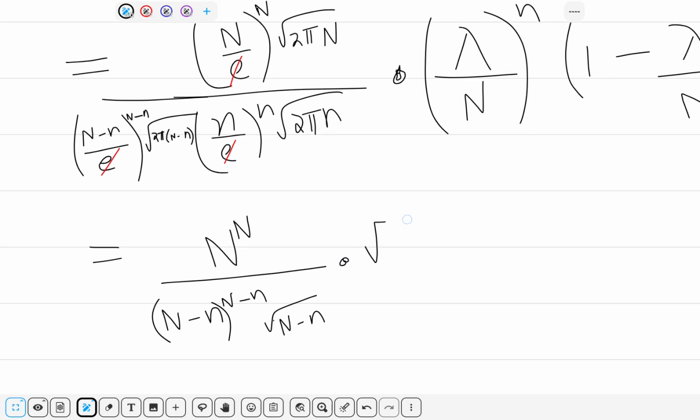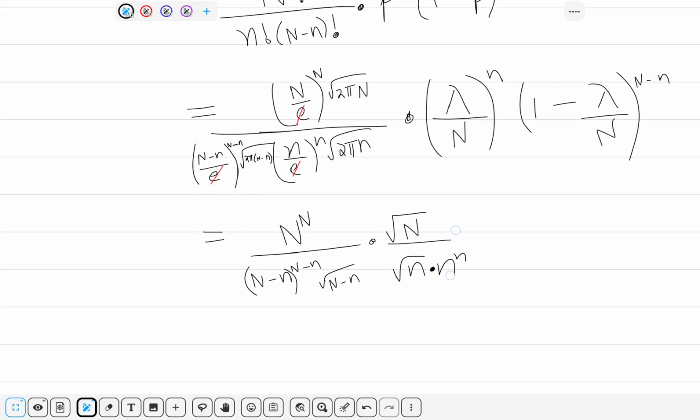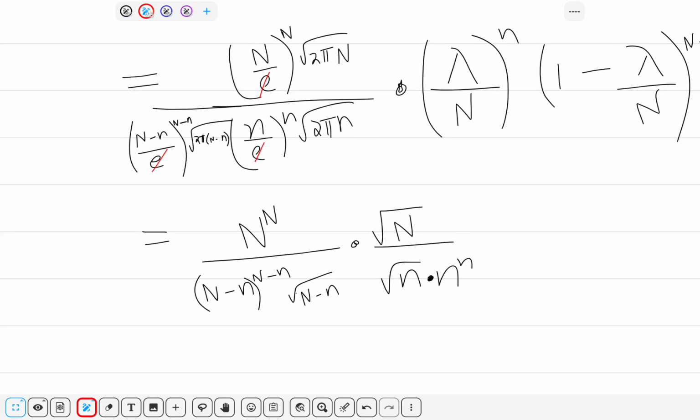And now square root of n by square root of n, and also n power n. So we have this done. Also this square root of 2 pi can get cancelled.